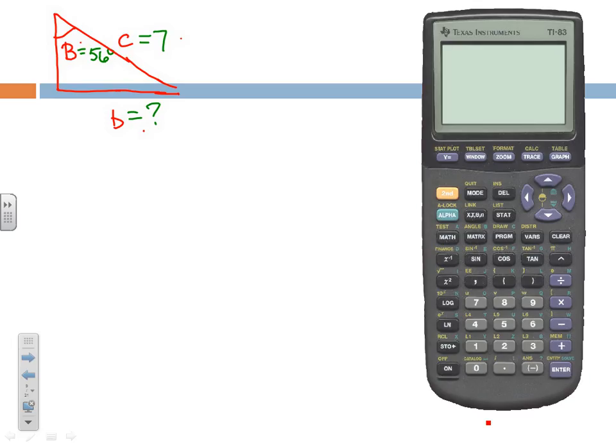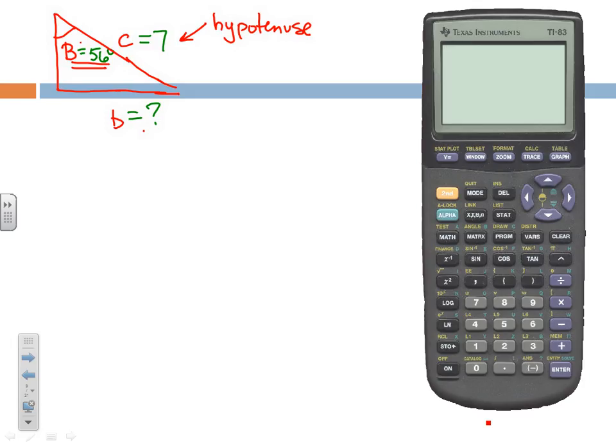Well, the first thing we do is look at our angle. Alright? This is angle B. Angle B is related to side C and B in the following ways. Side C is always the hypotenuse. So I'm going to want to make sure that I pick a function, sine, cosine, or tangent, that has hypotenuse in it somewhere.